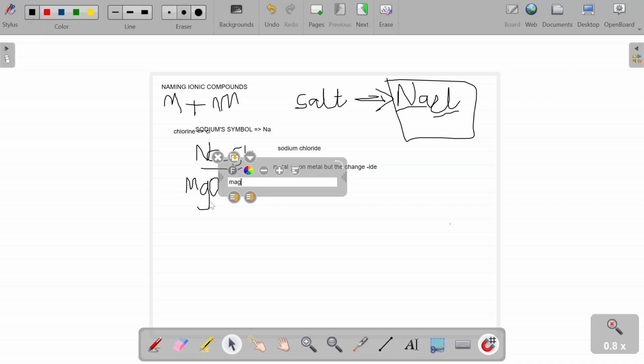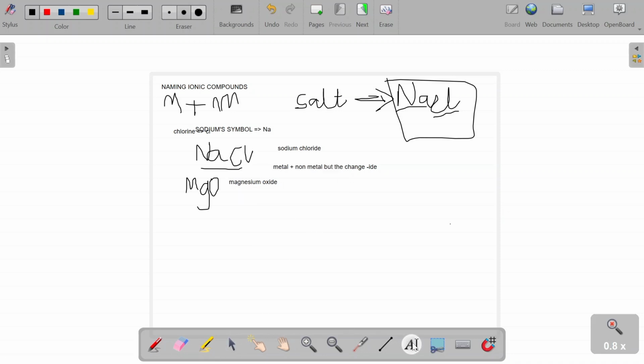Ionic compounds are metal plus non-metal. So now we have magnesium plus the non-metal, which is oxygen. Oxygen is represented by the symbol O. Now, this is not how we're going to write it. We're going to change oxygen to oxide. So now this is the name of this ionic compound, magnesium oxide.